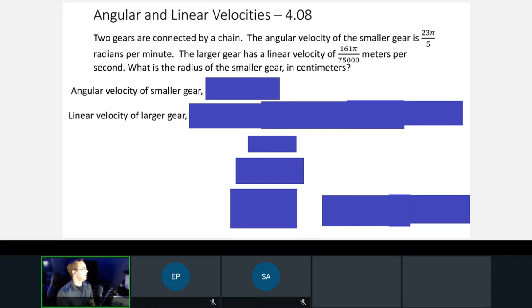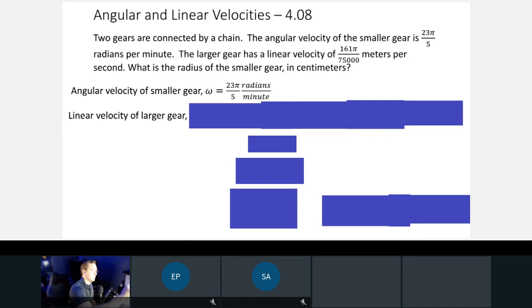All right. So angular velocity of the smaller gear. Well, we're just writing down the given stuff. Angular velocity, lowercase omega, is equal to 23 pi over 5 radians per minute. We know that. The linear velocity of the larger gear. So again, when I made my corrections, I should have also written that this is larger and smaller.